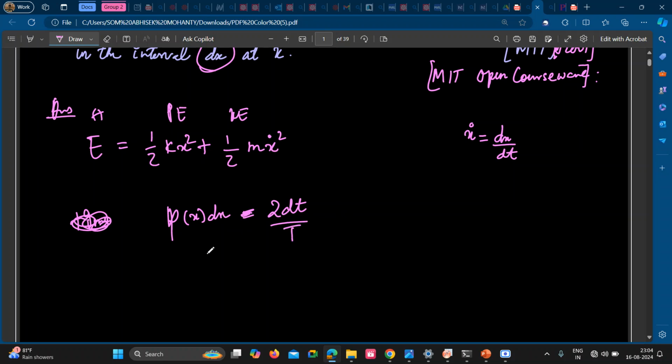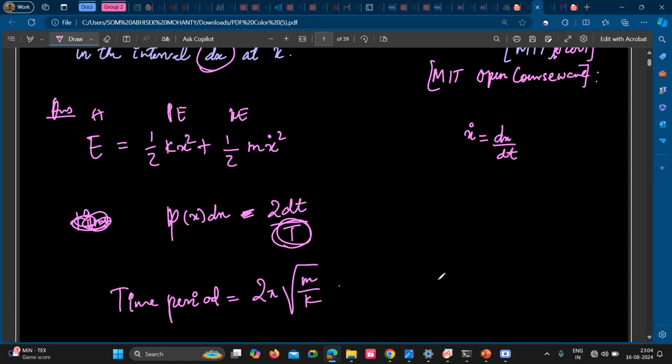So for that I need T. What is the time period? We know the time period formula for a spring: 2 pi root over m by k. So if I can get an expression for dt, then I can put it in.